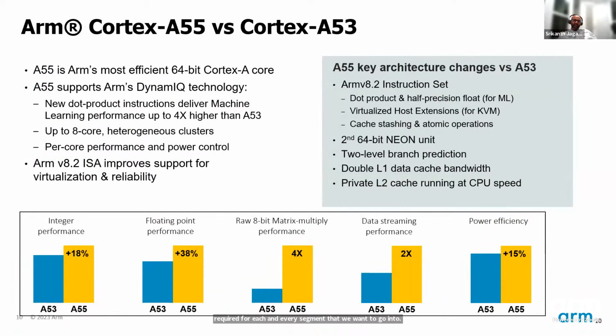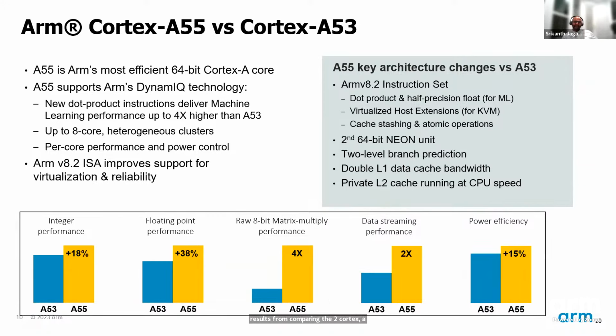So quickly going into the different processing units here, as I mentioned, we are using a Cortex-A55. In our previous generation, we had a Cortex-A53, and we've upgraded to a Cortex-A55 in this current generation. As you can see, these are published results from Arm comparing the two Cortex-A cores.